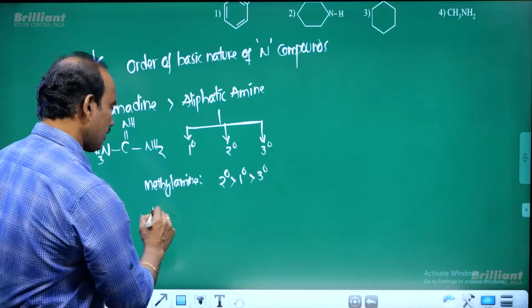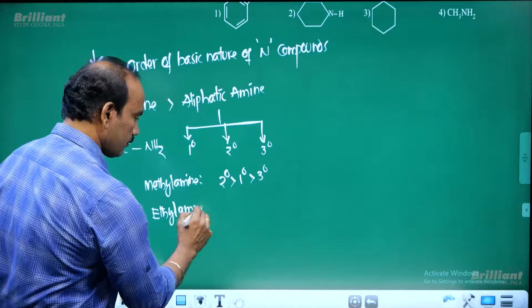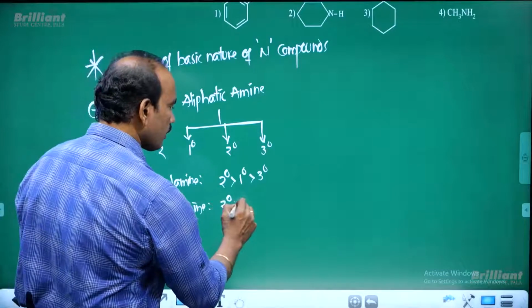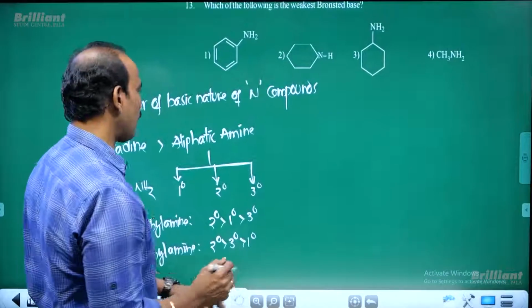For others, that means ethyl or other, 2 degree greater than 3 degree greater than 1 degree. Okay. This is aliphatic.